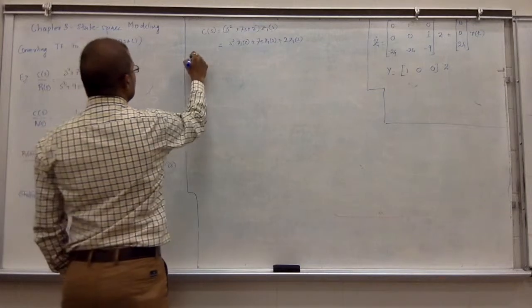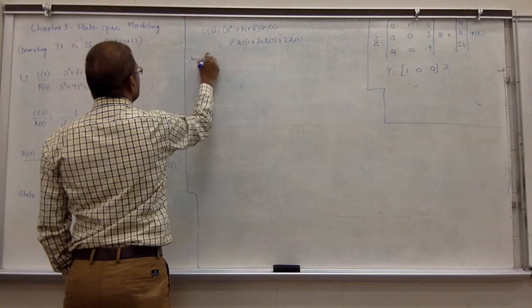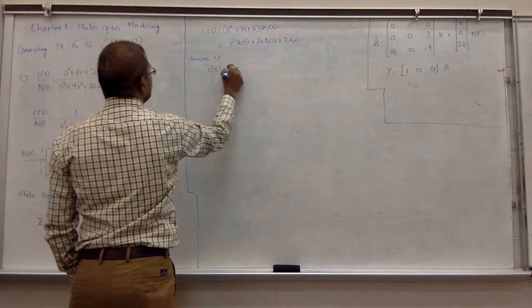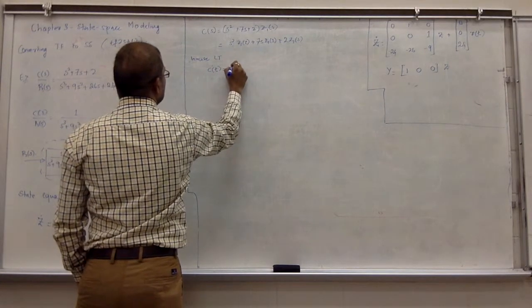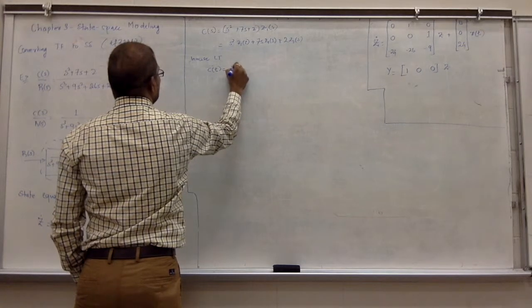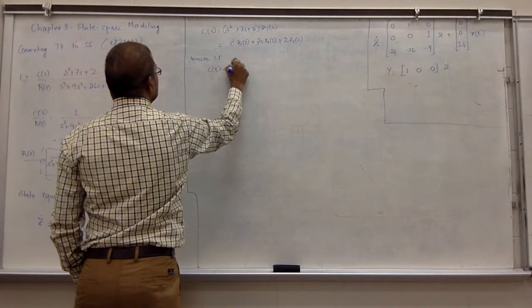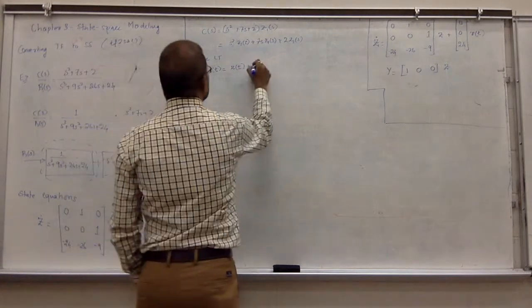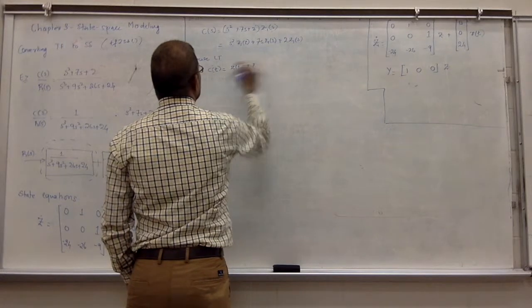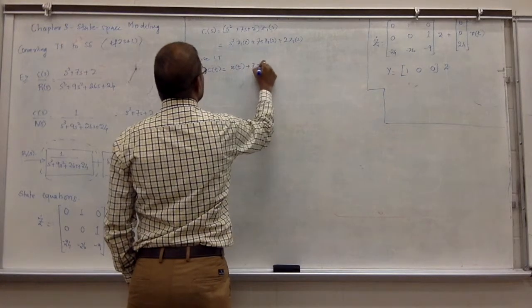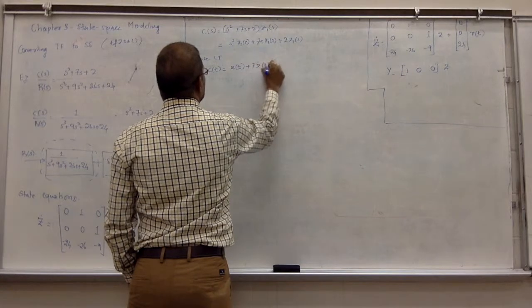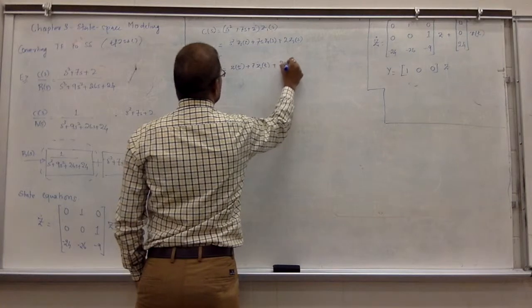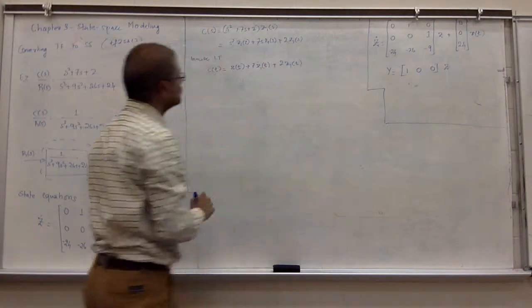When you take an inverse Laplace transform, you're going to get C of t is equal to Z1 double dot of t plus 7 Z1 dot of t plus 2 Z1.